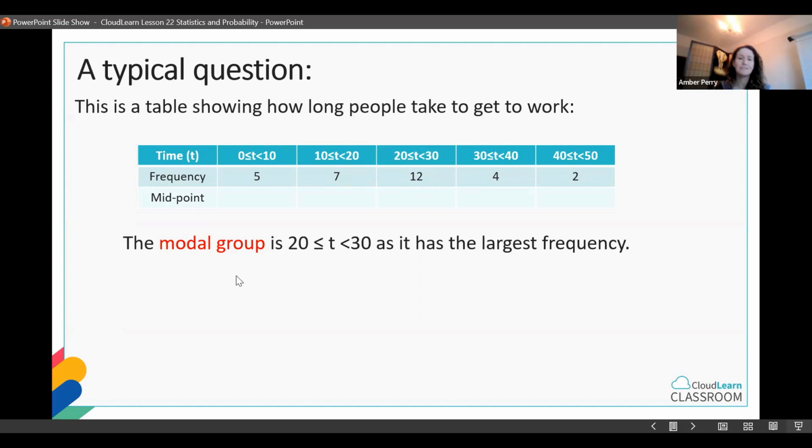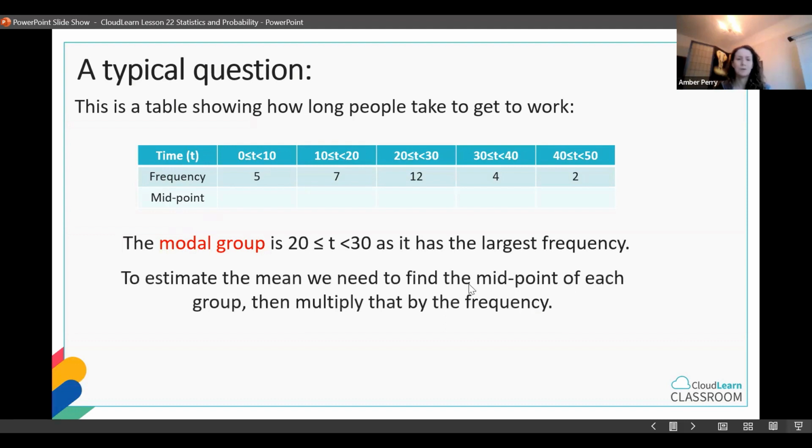So now, finding the mean. To find the mean, we'll need to find the midpoint of each group first. The midpoint of this group, 0 to 10, is going to be 5. The midpoint of 10 to 20 is 15, and then 25, 35, and 45. So you've got 1 mark there just for finding the middle of each group. Next, we assume that each person is exactly on that midpoint.